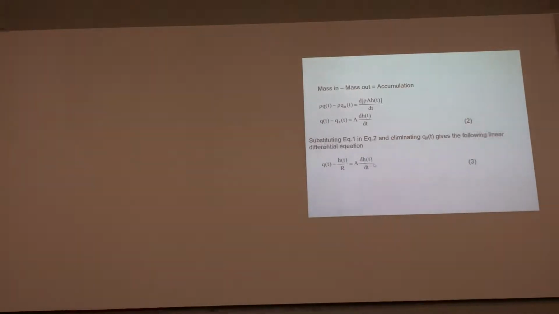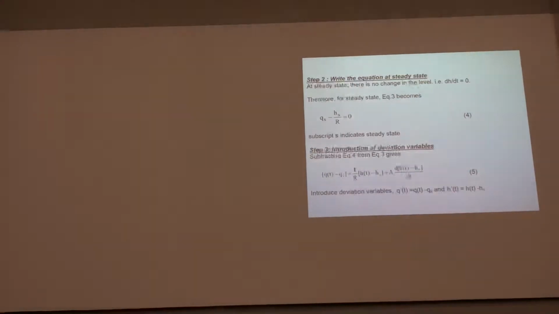If you look at equation 3, this is a differential equation that I can integrate, then I can link the water level and the incoming flow rate. So by having this equation 3, this is quite good enough as a process model.